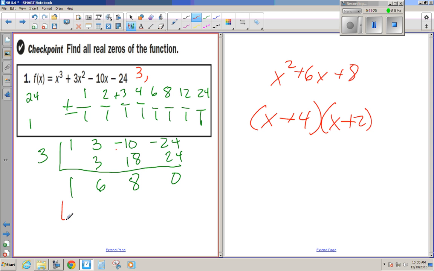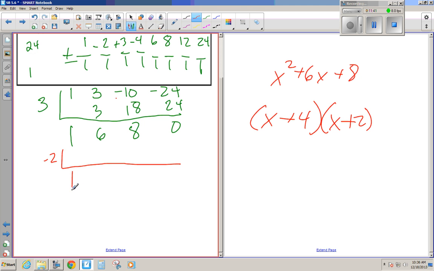You could set this back up again. Look at some of the other possible zeros, such as -2 and -4, and try them out. Let's try -2 with synthetic division. Bring down the 1, multiply, add, multiply, get a 0.